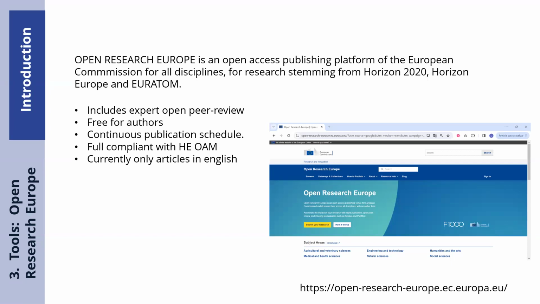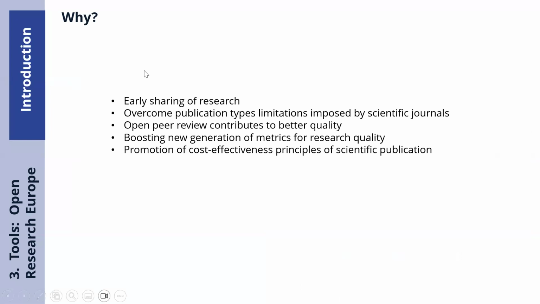It follows a continuous publication schedule, so you can send your articles at any time. It is fully compliant with the open access mandate and the open science principles in Horizon. And currently, you can only send articles in English. Here you have the URL. Why has the European Commission set up this tool?